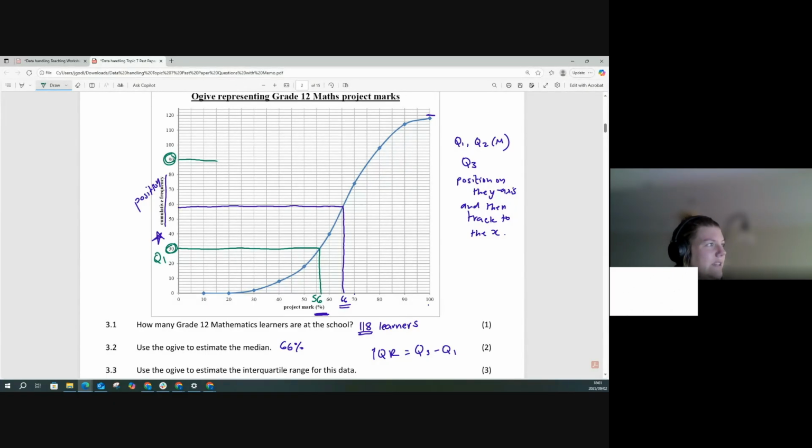And then for quartile 2 I'm going to go to 90, which gives me about 76. So I'd say 76 minus 56, which gives me about 20%.